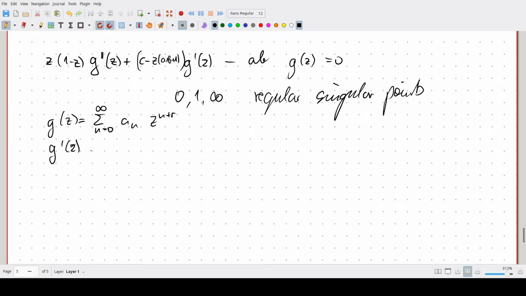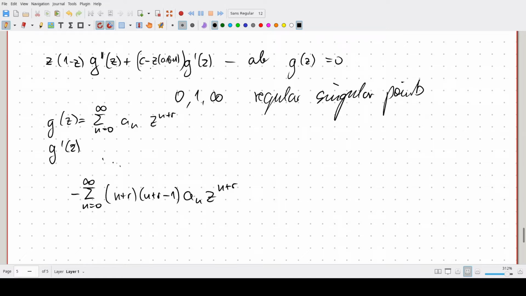Again, the same derivatives. And if we plug this in, we get minus z squared times the second derivative. So in this case, the powers do add up to z to the n again.